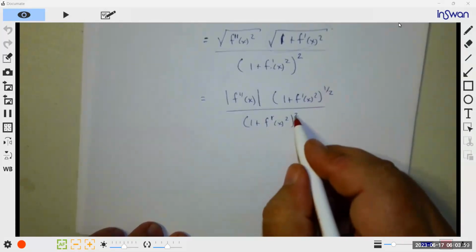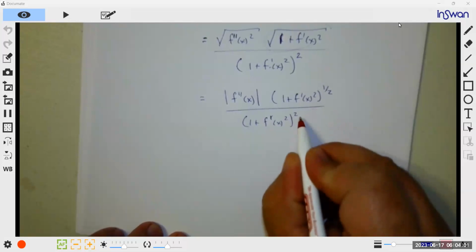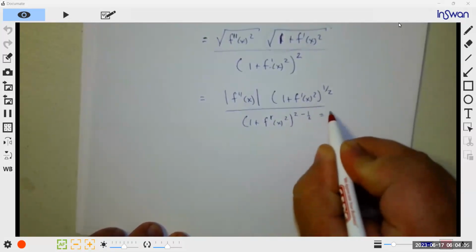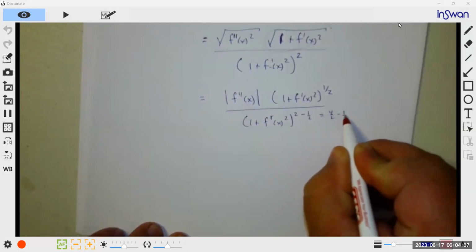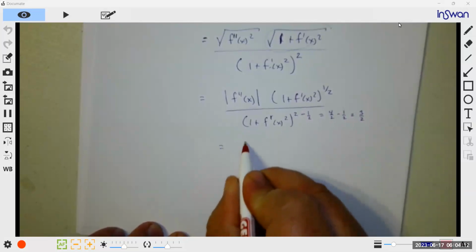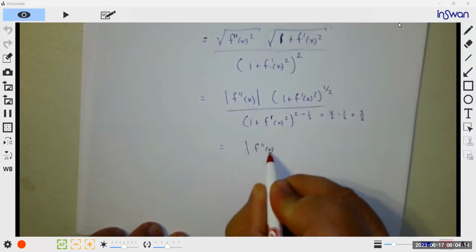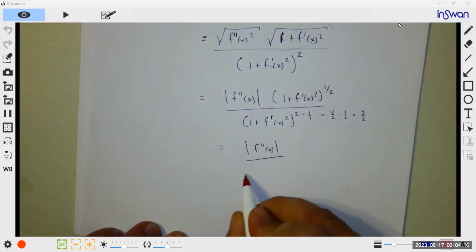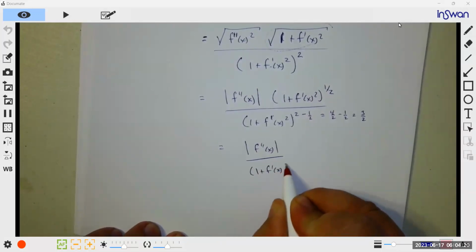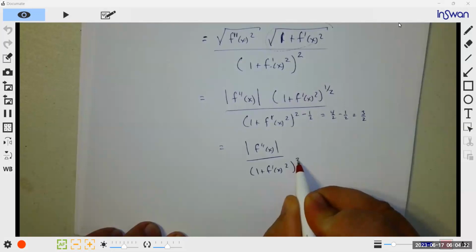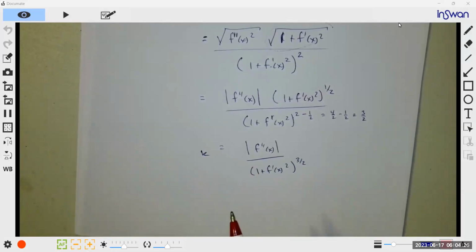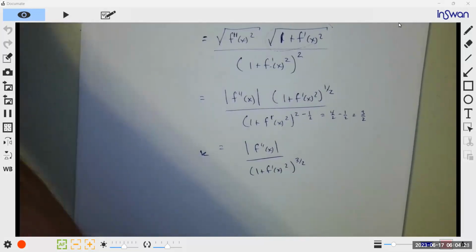I subtract those, so 4/2 minus 1/2 makes it 3/2. Which is what we were supposed to have found on the question sheet.